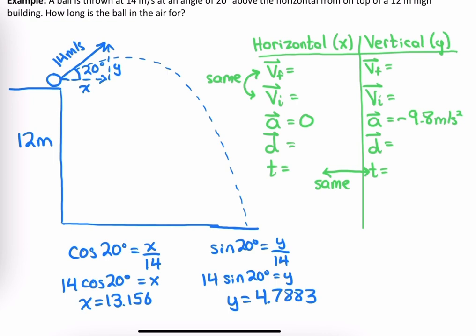So in this problem, I can say this guy is 13.156, and because VF and VI need to be the same, I can copy that up here. And on the y side, I've got 4.7883.